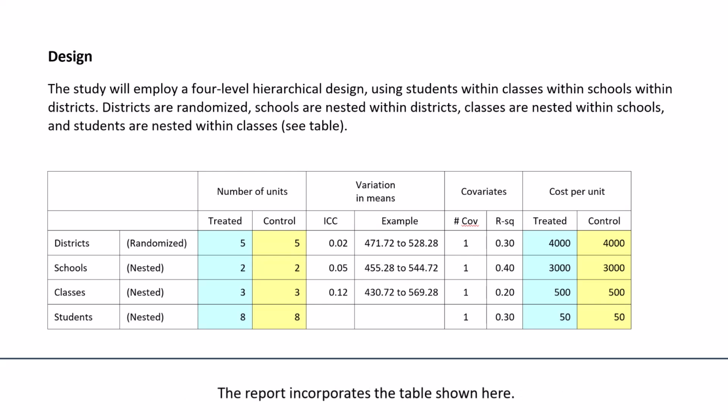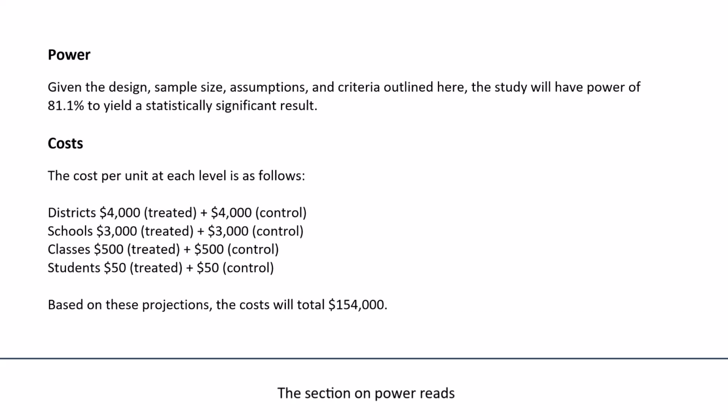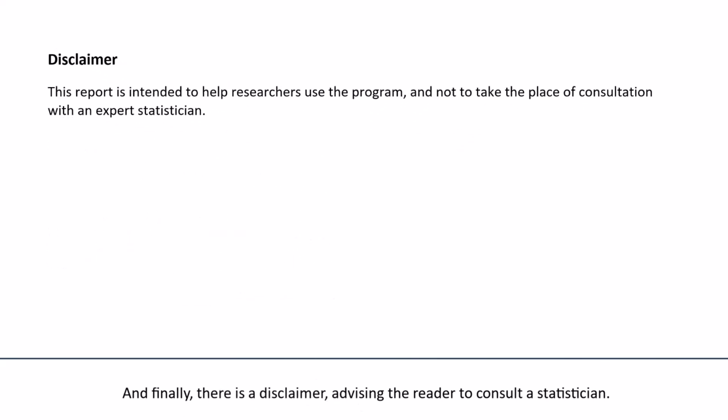The report incorporates the table shown here. The section on power reads, "Given the design, sample size, assumptions, and criteria outlined here, the study will have power of 81.1% to yield a statistically significant result." This is followed by a section on costs. And finally, there is a disclaimer advising the reader to consult a statistician.